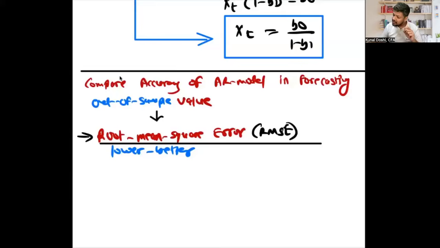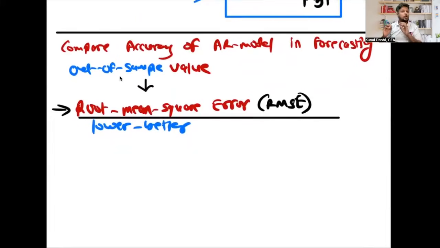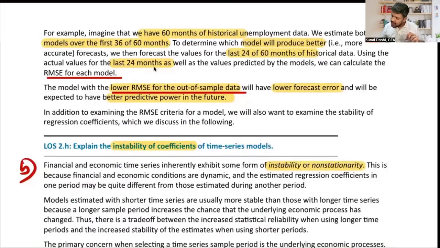So I've written here that lower is better, for out of the sample data. If you are testing various models, always remember the one which has lower error is better.